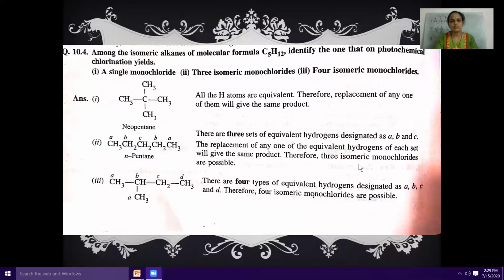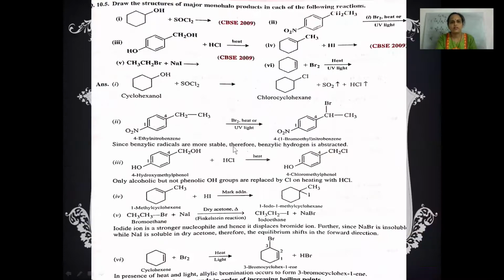The next question is, draw the structures of the products of the following reactions. The first is cyclobutanol, when it is treated with SOCl2, that is thionyl chloride. I told you the reactions for preparation of alkyl halides from alcohols on treatment with thionyl chloride.